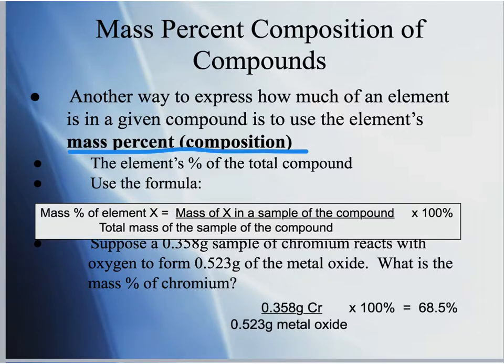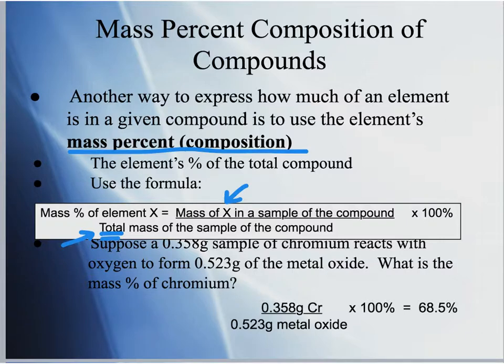So this is basically the element's percentage within the total compound that it is in. To solve for the mass percent, we're going to take the mass of the element X in the compound, and then divide it by the total mass of the entire compound.